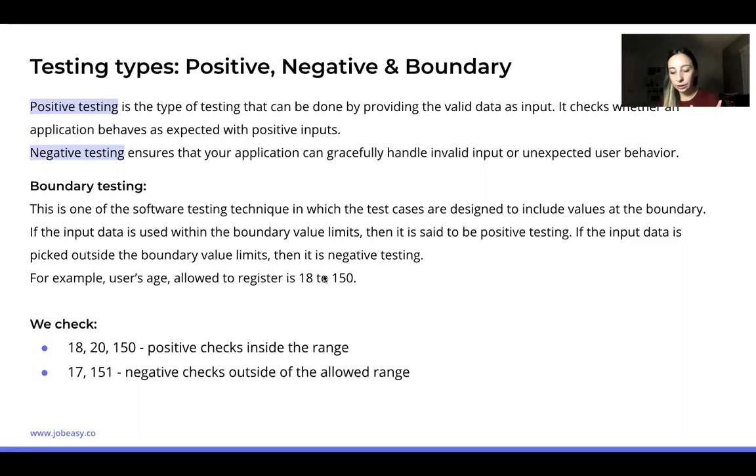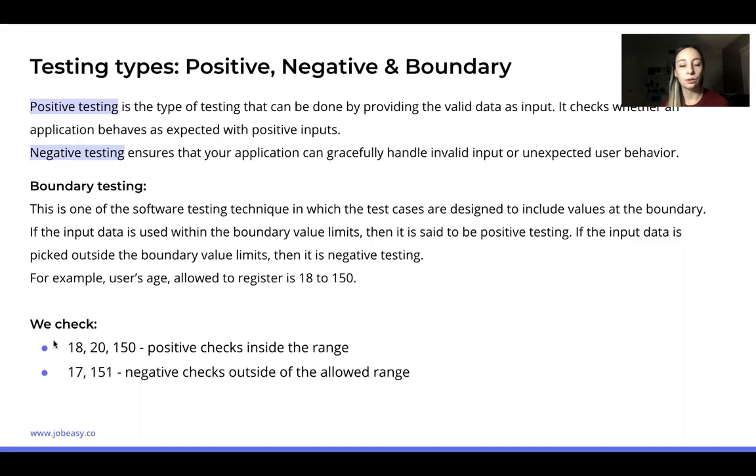So basically, when you need to check this value, at first you take the positive inputs. Your lowest positive input here is 18. Users who are 18 years old should be able to register. Then you check the max positive input, which is 150.